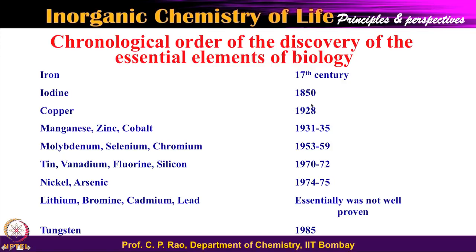In the early 1900s, people knew that copper is essential, and then in the 1930s people started understanding that manganese is essential, zinc is essential, cobalt is essential.